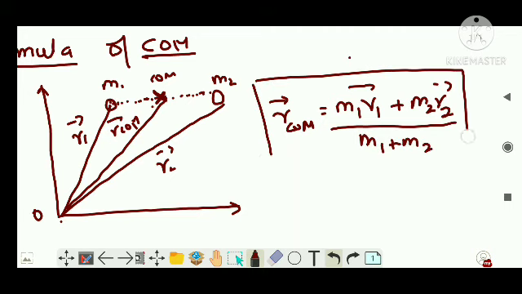This is for a two particle system, guys. When there are multiple particles, then it is m1 r1 plus m2 r2 plus m3 r3 plus m4 r4 divided by m1 plus m2 plus m3 plus m4, and like that it goes on.